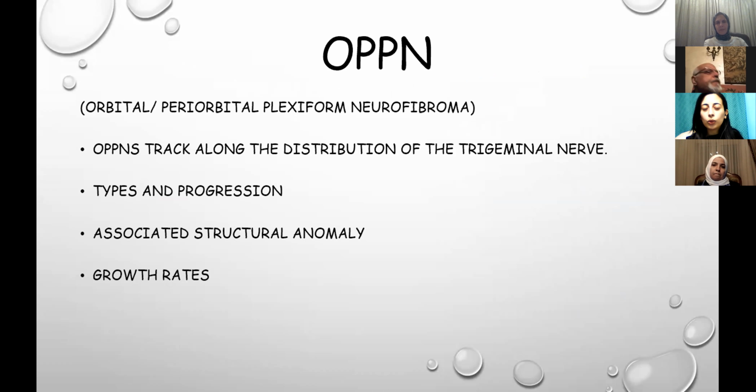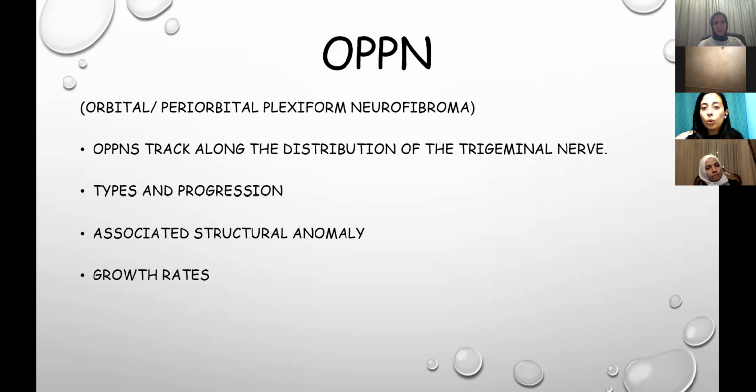It's a Schwann cell tumor that grows along the distribution of 1 or more branches of the trigeminal nerve. Sometimes it's just isolated in the lid, or it involves the periorbital region too, that may go into the orbit. And when it starts in the orbit, it may infiltrate into the cavernous sinus. In some cases, it's associated with sphenoid dysplasia.